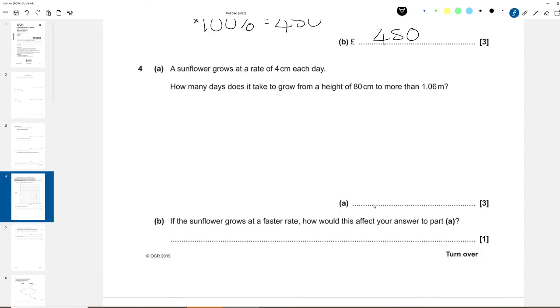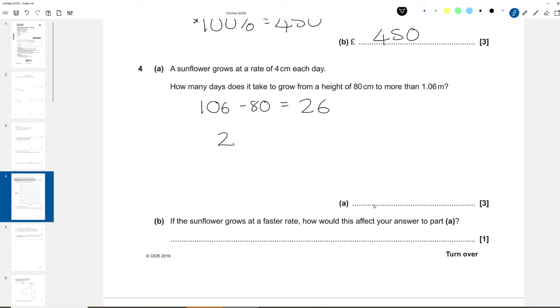4a. A sunflower grows at the rate of 4 centimeters each day. How many days does it take from a height of 80 centimeters to more than 1.06 meters? Well, if we can work out the difference, we know that 1.06 meters is 106 centimeters minus 80, which is 26.